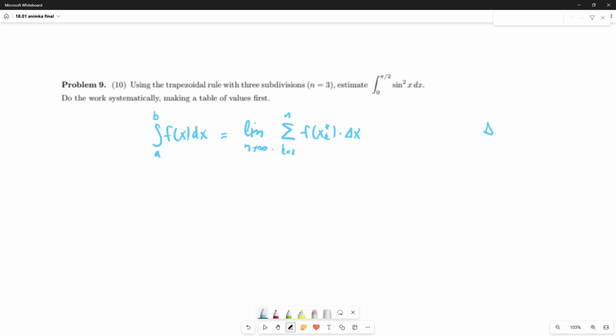And we note that delta x is equal to b minus a over n.